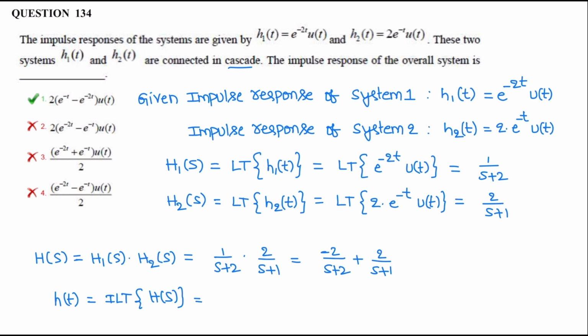Now inverse Laplace transform of minus 2 by s plus 2 plus 2 by s plus 1. So we will get 2 into e power minus t minus e power minus 2t u of t. Correct answer is option 1.